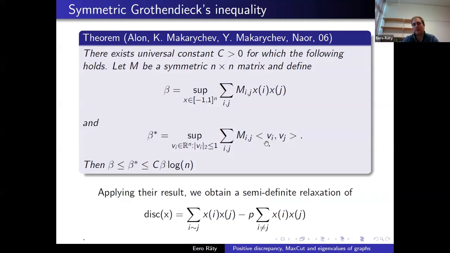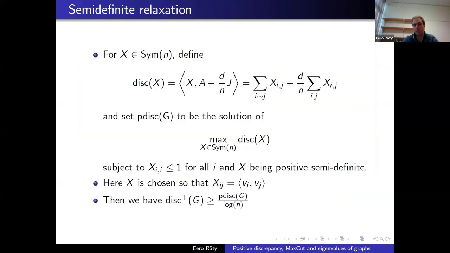So we can just pick X to be the Gram matrix of these vectors, and that's going to be positive semi-definite with diagonal entries at most 1. So our optimization problem is now to maximize this matrix discrepancy over all positive semi-definite matrices which have diagonal entries at most 1. And then this p-disc of G is going to be a lower bound for positive discrepancy, up to this log n factor.